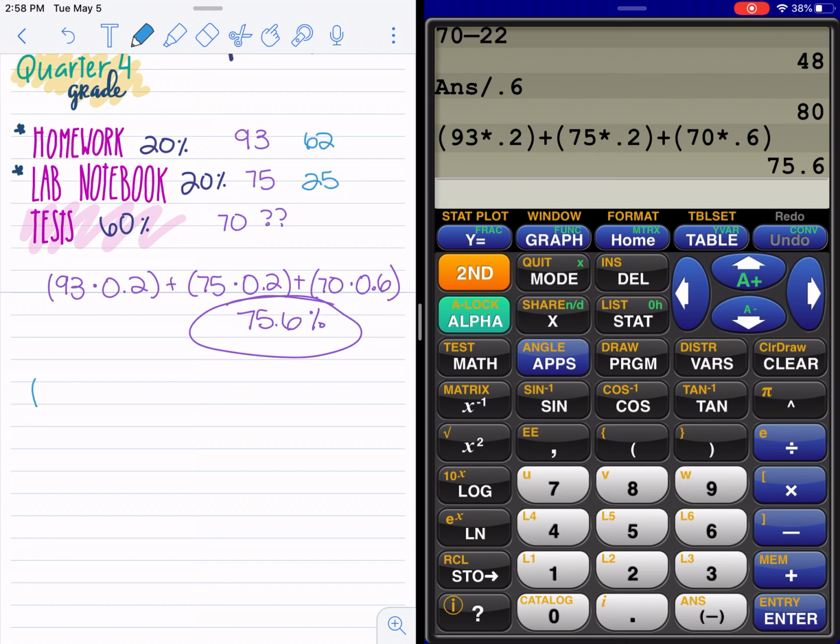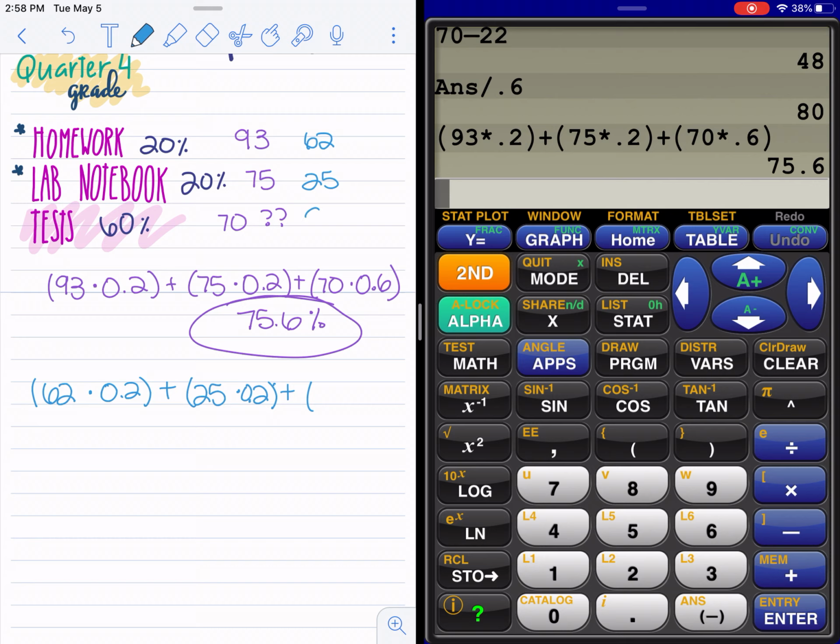So, let's say, okay, 62 times 0.2 plus 25 times 0.2. Project. Let's say this project is very doable. You just got to put in a little bit of time. It's very, very doable.